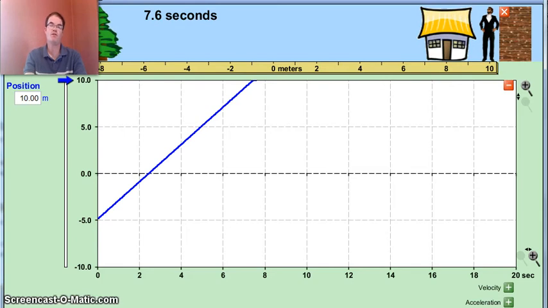Well, you can see that the man covered the same amount of distance in less time, and the slope of the graph has changed. If we were to take a look at the slope of the graph now, we would find that it has a value of 2. And if you take a look at the distance covered, which is approximately 15 meters, in about 7.5 seconds, that also, if you divide those two, comes out to 2 meters per second.